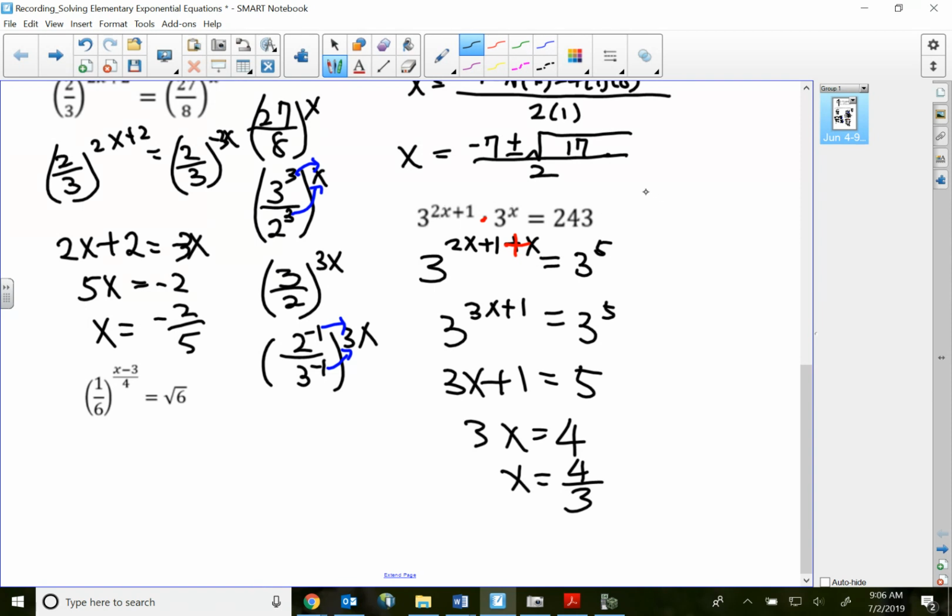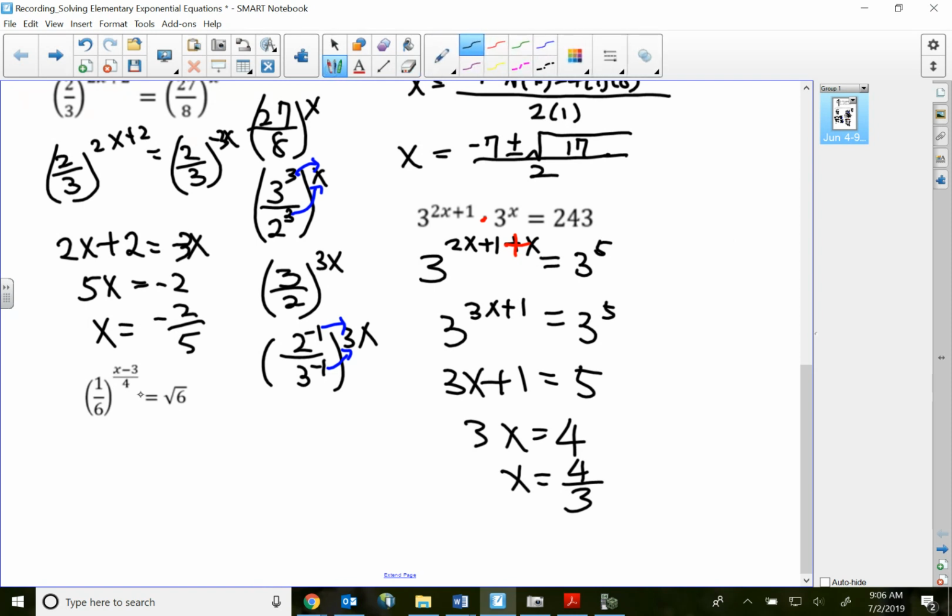Can I rewrite it as 3 to the 2x times 3 to the first? Yes, you can. That's still the same thing. I'm using that idea of the product rule for the exponent: when the bases are the same and multiplying, we can always add the exponents. So this multiplication becomes that addition of x. All right, so that's 4/3.